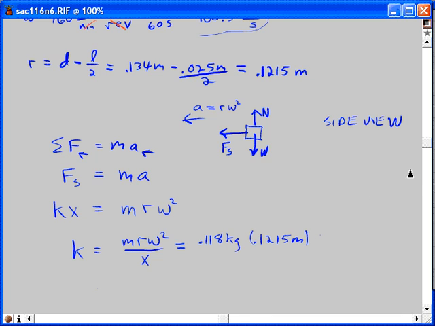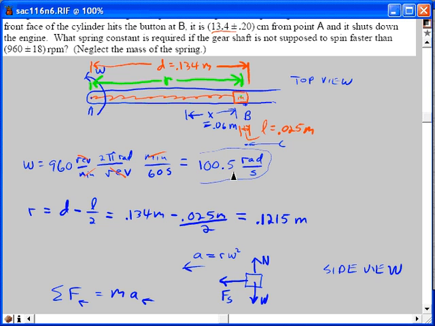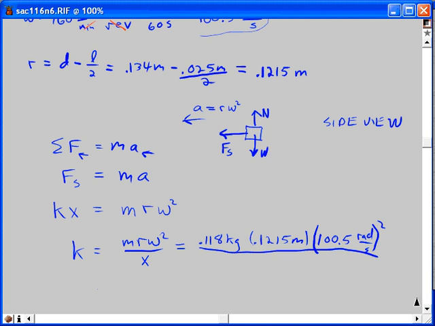Omega we found to be 100.5 radians per second. That does have to be squared. In fact, there it is. And x was given as 0.0600 meters.